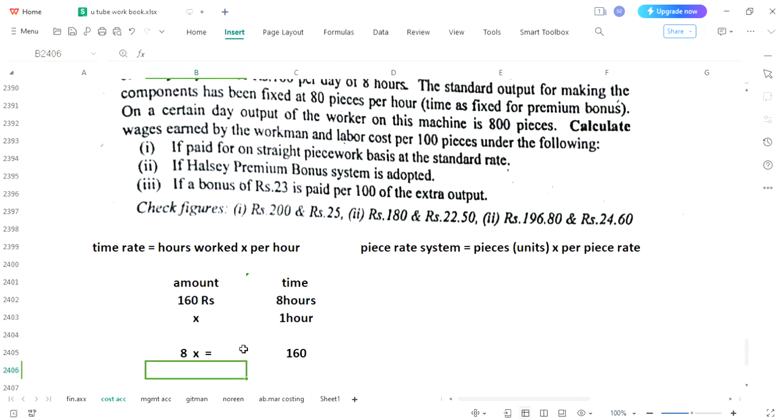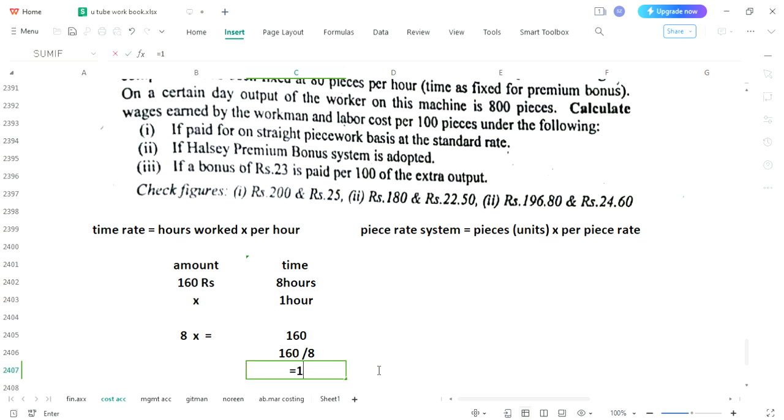Next step: 160 is already present on the right side, and we want to take this 8 to the opposite side. Here it is multiplied; when you take it to the opposite side it would be divided. So divided by 8. In this way the statement is completed. Now we can put it on our calculator.